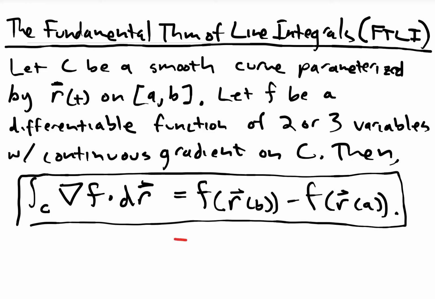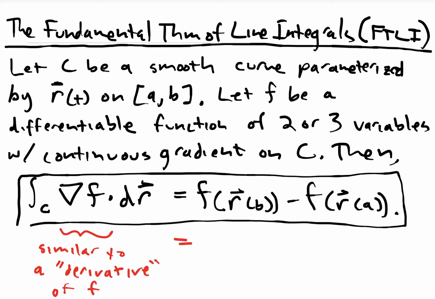The reason is basically this. In a sense, this function is kind of similar to a "derivative", in quotes. This is maybe not exactly what we're taking here, but it's pretty similar to a derivative of f, the scalar function f.